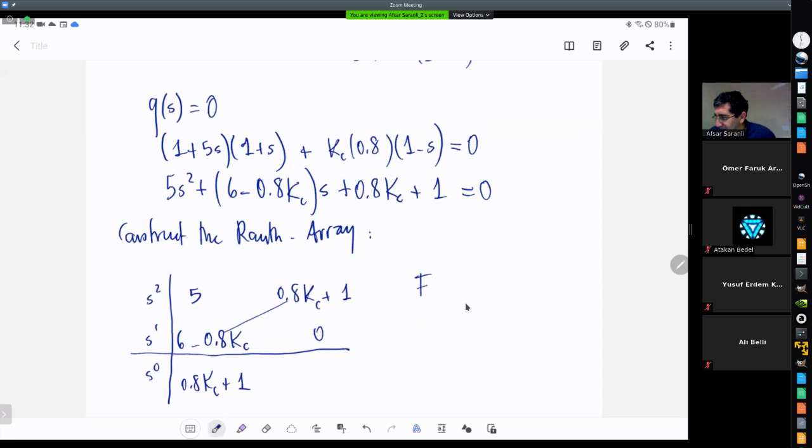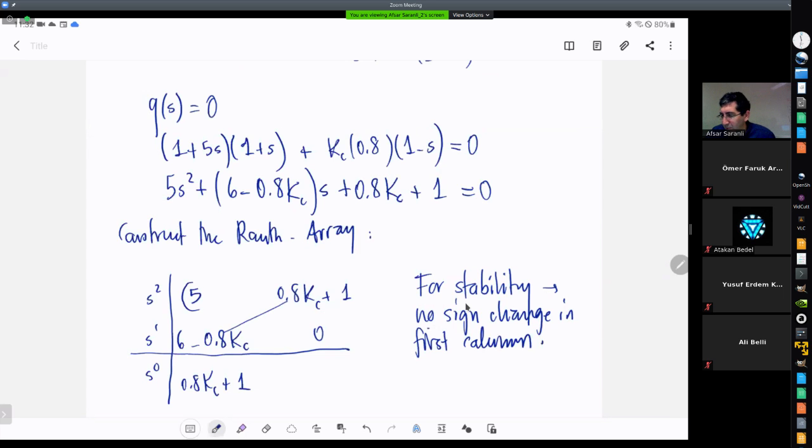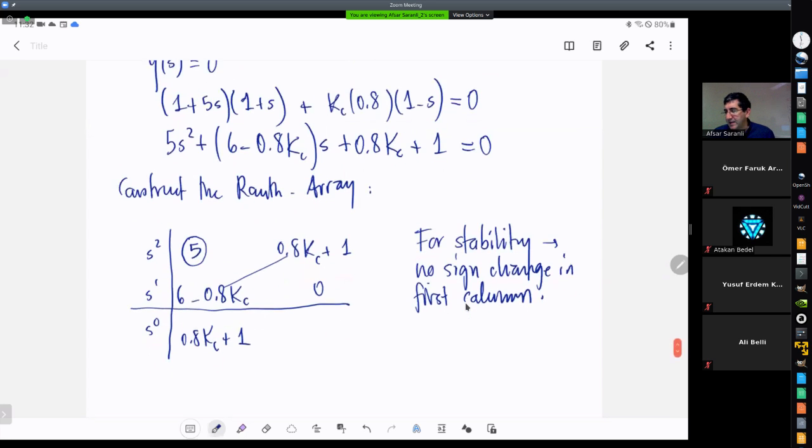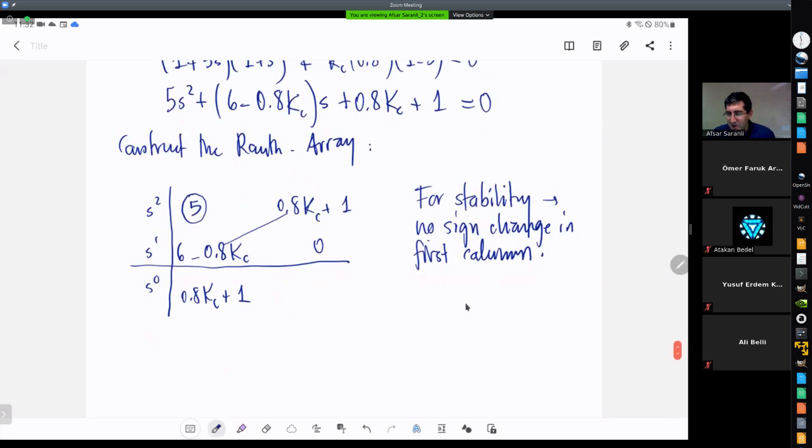So for stability, no sign change in first column, because I already have a positive number here. Okay, that means all the rest needs to be positive.